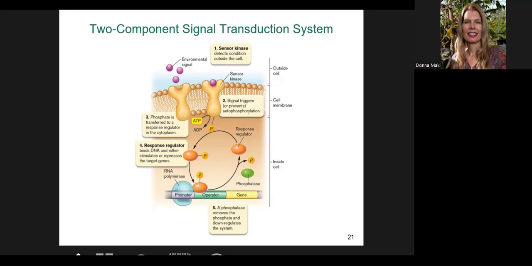They were the first on the planet to do this, but it's been co-opted and even more sophisticated layers of signal transduction exist in some of the other organisms on the planet. So this is not unique, but it's a pretty straightforward system to make sense of the signals and shift the behavior of the organism appropriately. Questions on the two-component signal transduction?